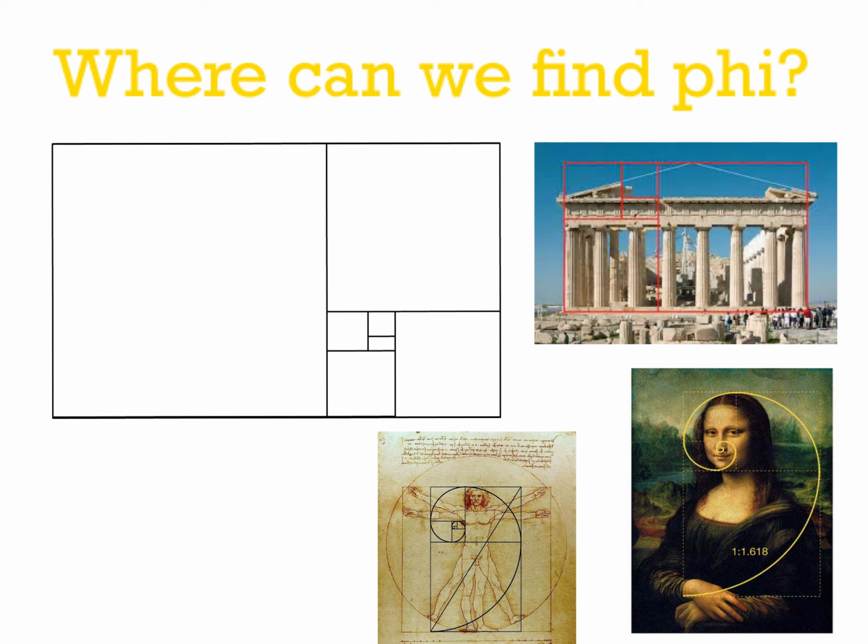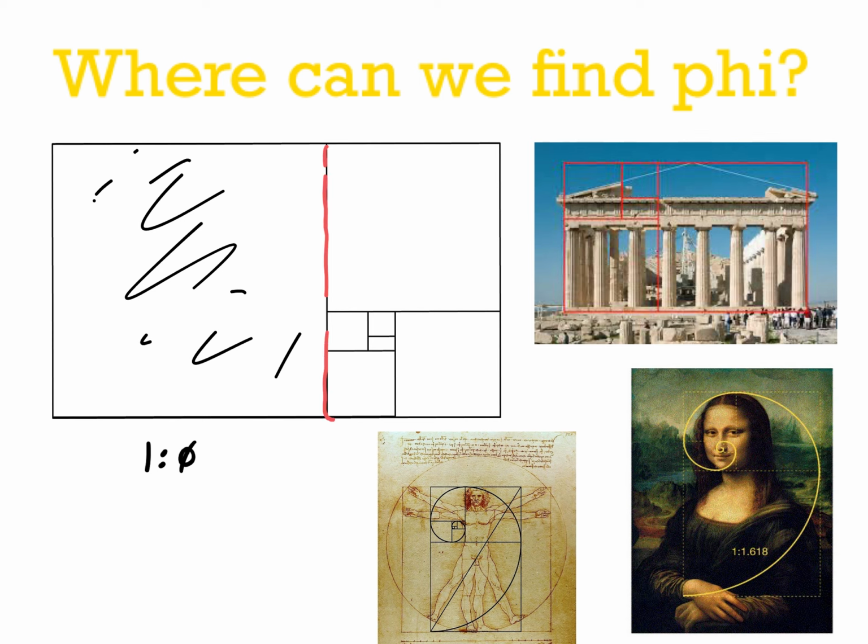Well, for example, this shape is the golden rectangle. Now it's so called because, just like our previous rectangle, it has a side length ratio of 1 to phi. And the special thing about it is, if you remove a square from the golden rectangle, then you get this rectangle right over here.